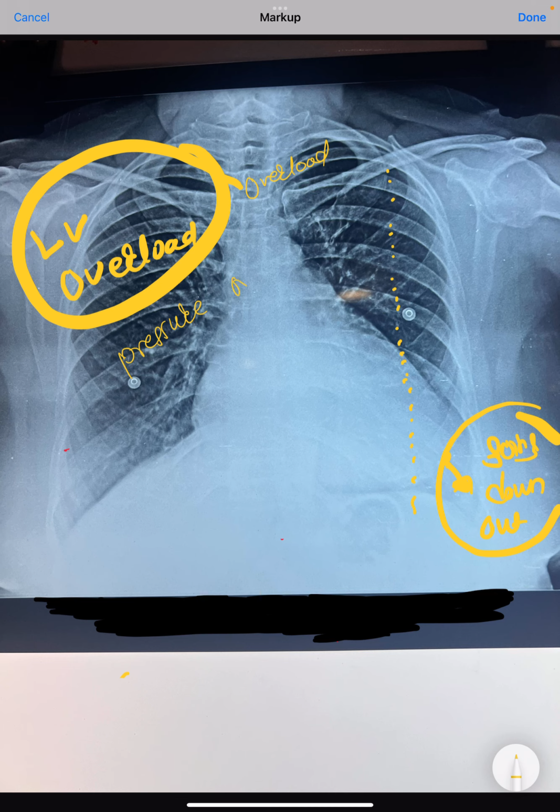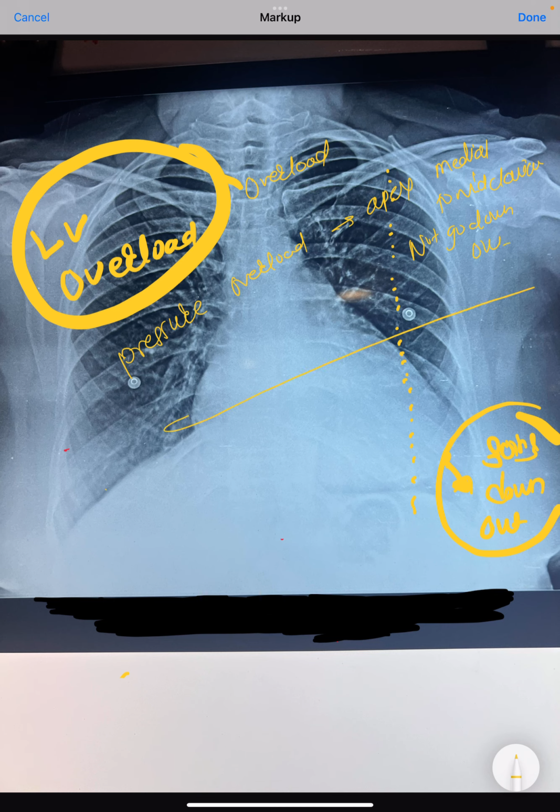It will simply stay there, medial to the midclavicular line, and it will not go down or out.